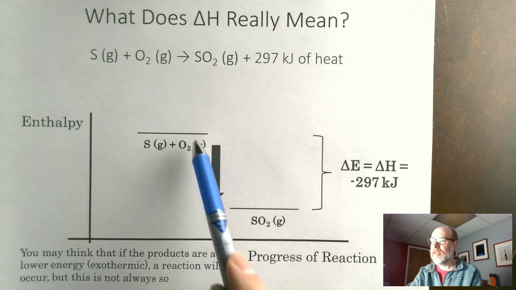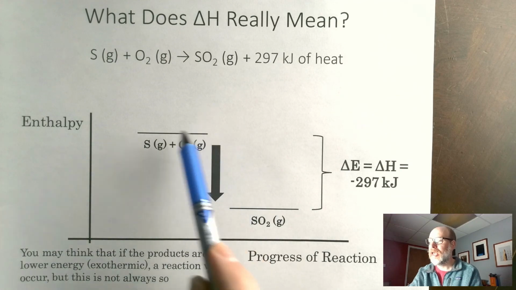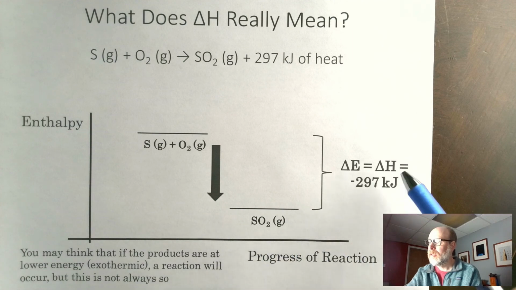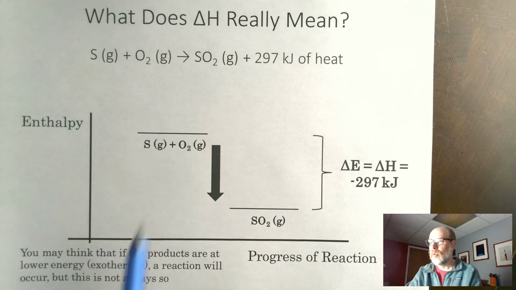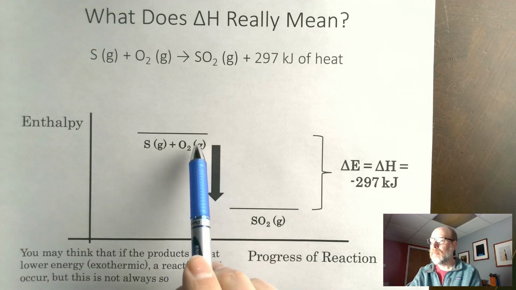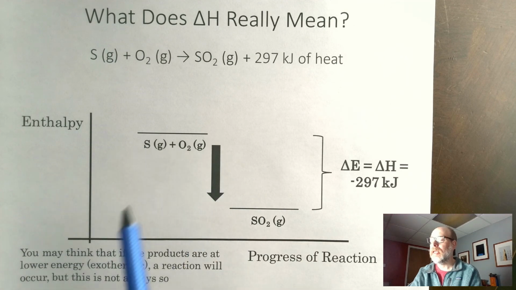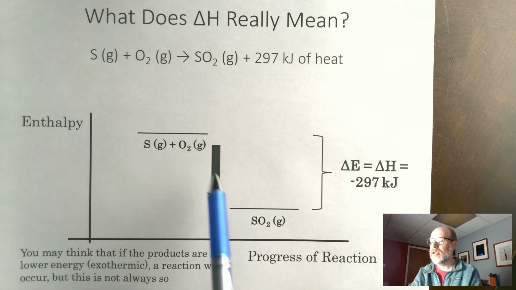Now, the difference in energy between those 2 states, between the reactants and the products, is equal to the enthalpy change, minus 297 kilojoules. And so if we push those reagents a little bit, get them reacting to produce the product, the amount of energy that will be given off from that reaction is the difference in energy between those 2 states.